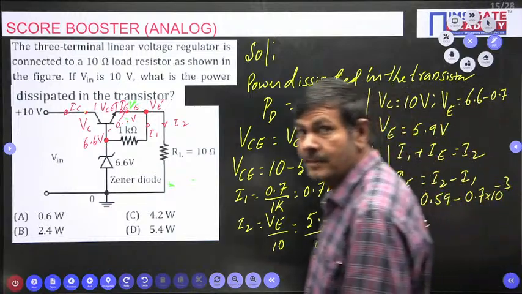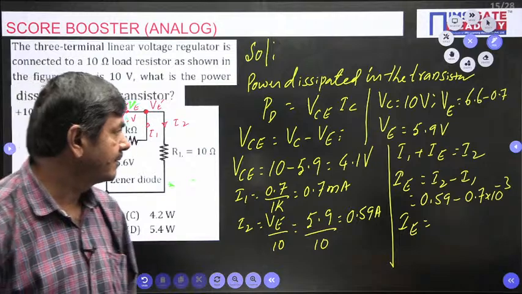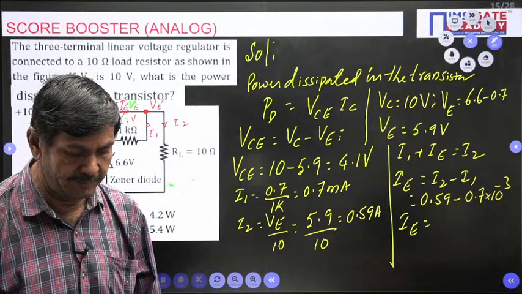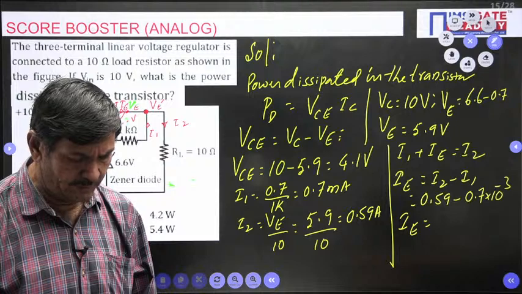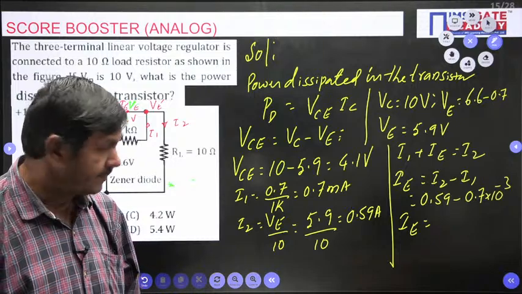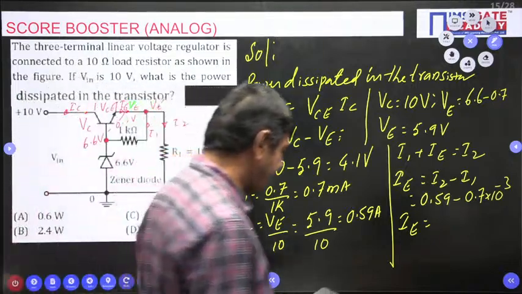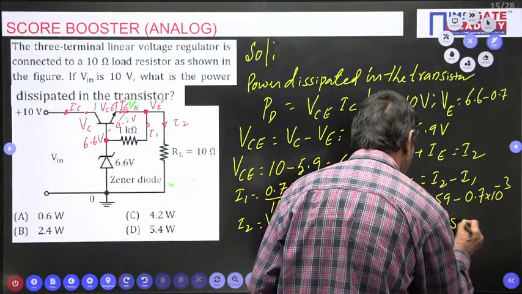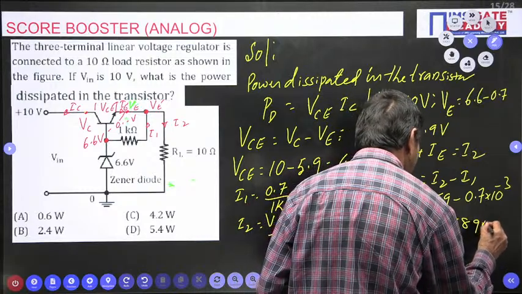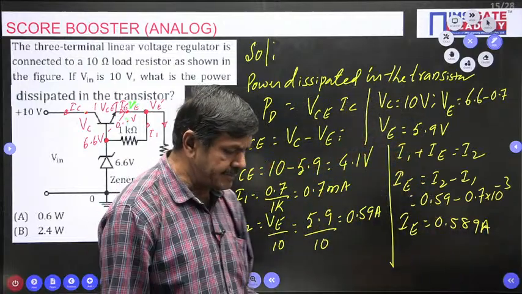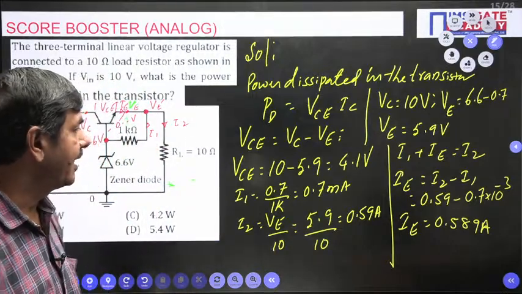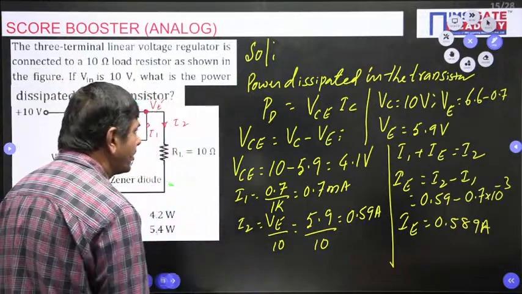It comes as 0.59 minus 0.7, approximately 0.589 milliamperes of current, sorry, amperes, but in milliamperes it is 0.589 anyhow.